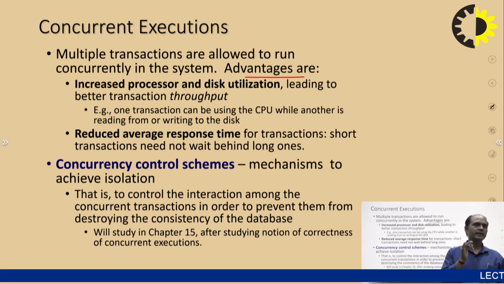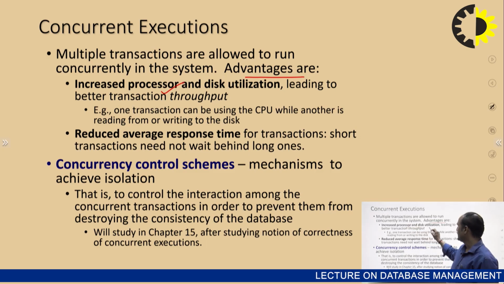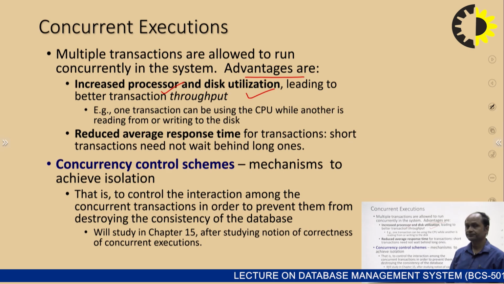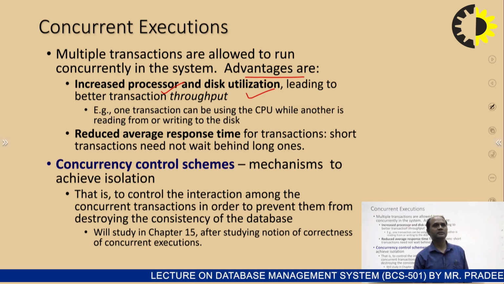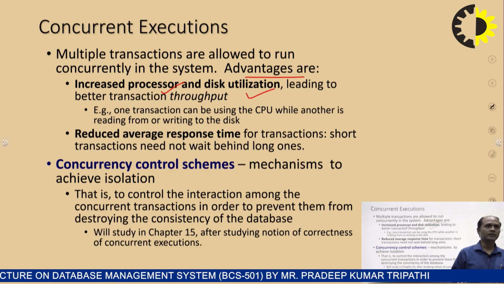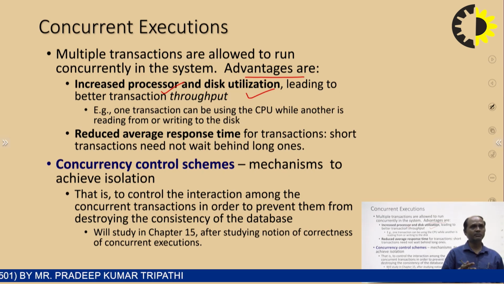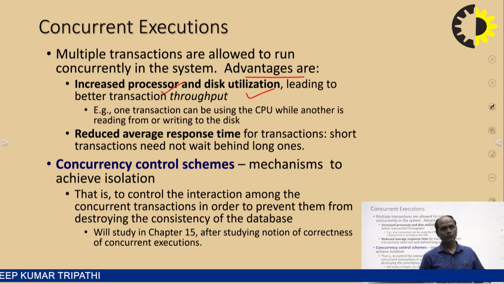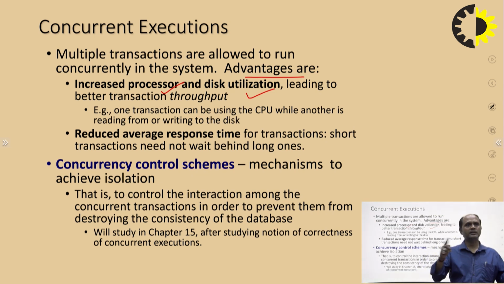In concurrent execution, it can increase processor and disk utilization. Suppose one transaction is using the CPU. At that time, another transaction is reading or writing. So both can run. One transaction uses the CPU, while another uses only the reading part or writing part.